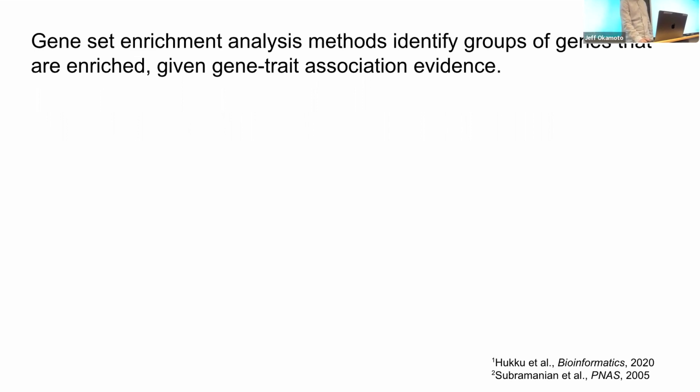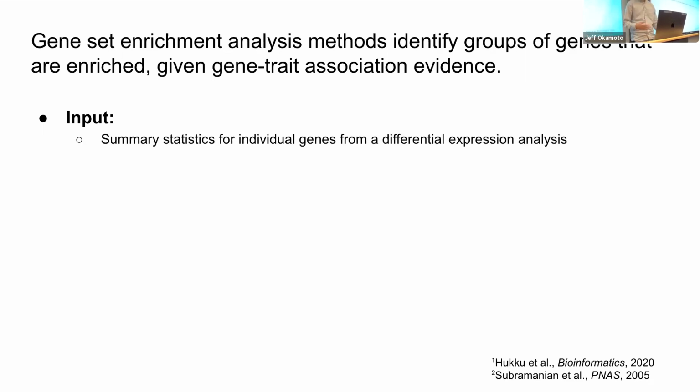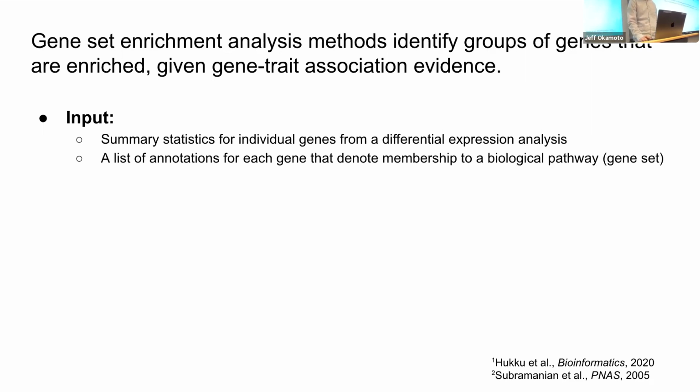Okay, so the main way that researchers have typically gone about doing this is what's called a gene set enrichment analysis. This aims to identify groups of genes that are enriched given gene-trait association evidence. Typically this is in the context of a differential expression analysis. So usually as input, you'll have your summary statistics from the DE analysis, and then you'll also have a list of gene set annotations.